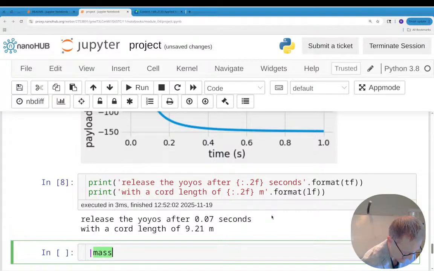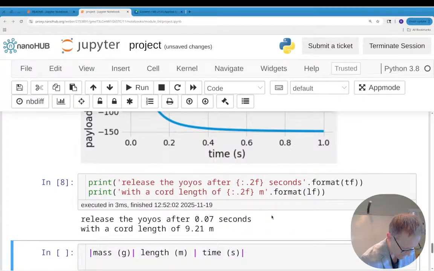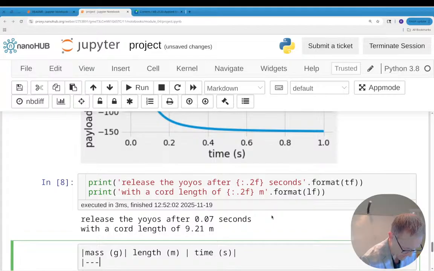So we'll say mass, length, time. I guess I should add some units, right? Oh yeah, let's make it markdown. And you don't have to use markdown if you don't want.